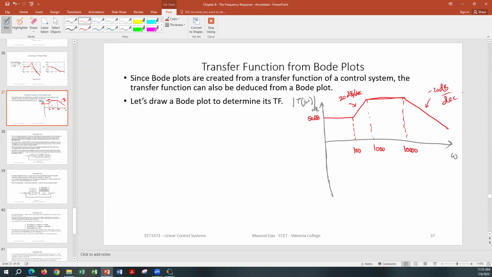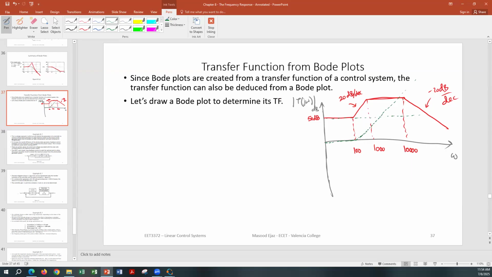So of course, identify that. What do you have? You have a 50 decibel constant. Then you have a 0, 20 decibel per decade, starting at 100 radian per second.